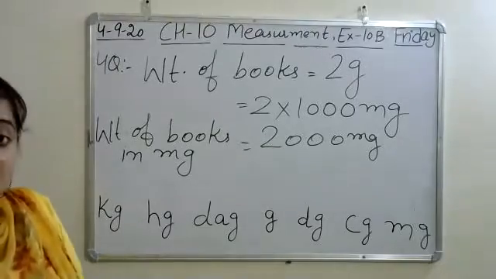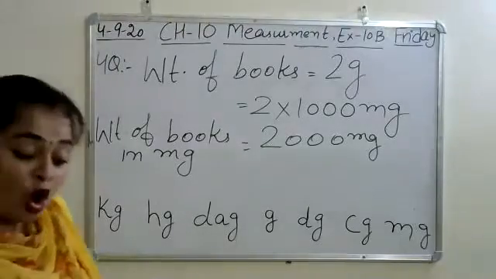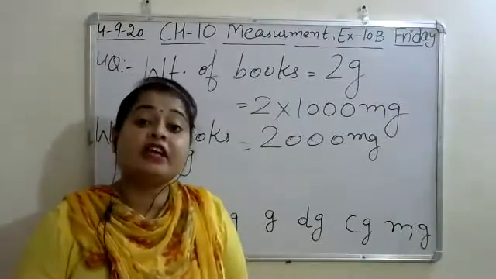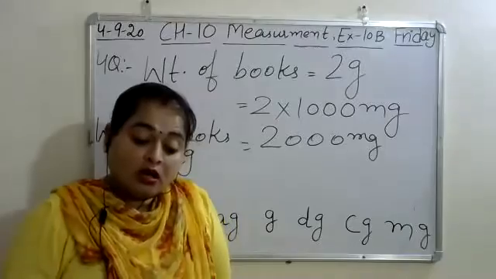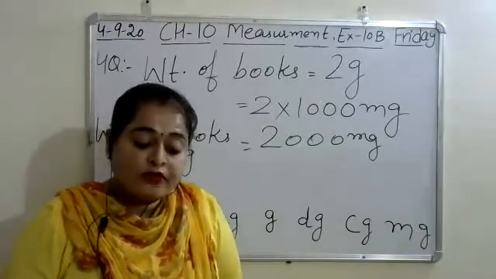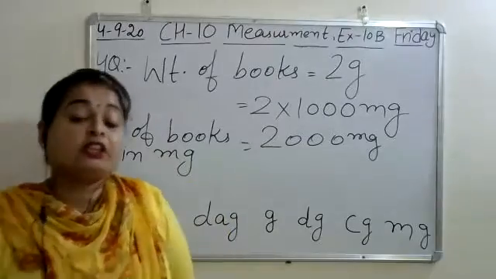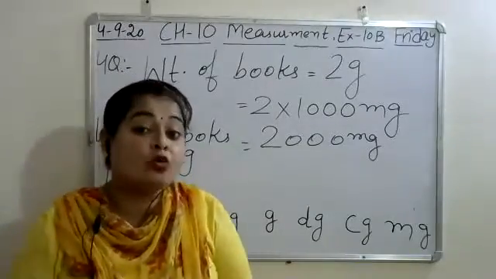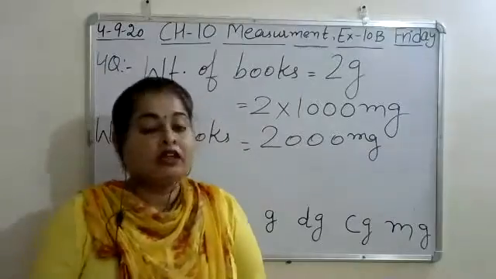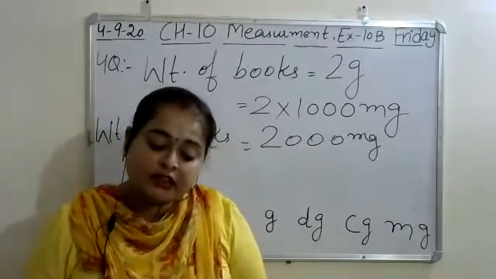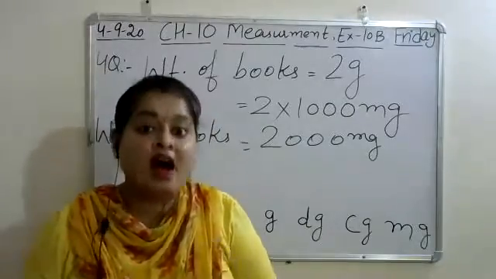Raj is 5 feet tall and weighs 47 kilogram. Ram is 5 feet tall and his weight is 39,000 gram. So find the weight of Raj in kilogram and the weight of Ram in gram.